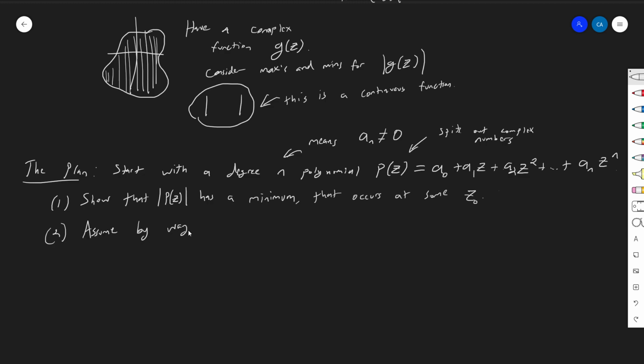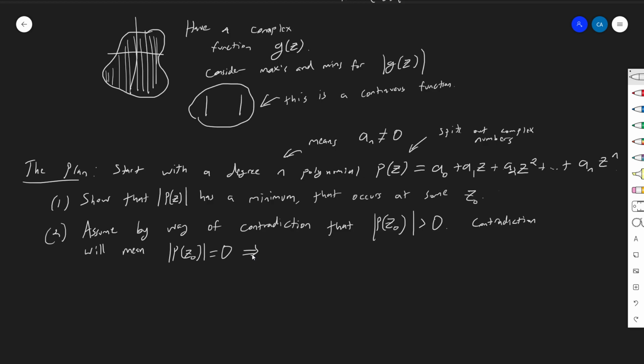by way of contradiction, that the magnitude of p of z0 is not 0, something bigger than 0. And then we're going to arrive at a contradiction, meaning that p of z0 has to equal 0.